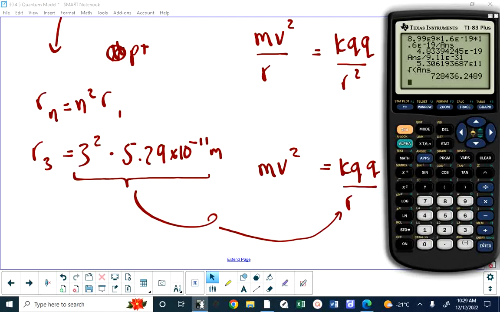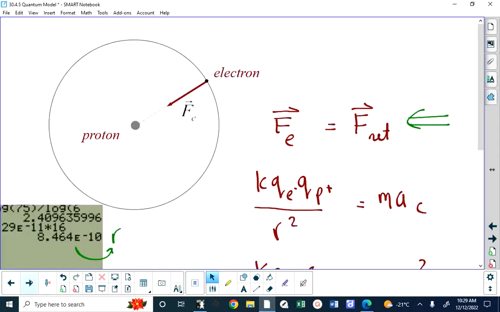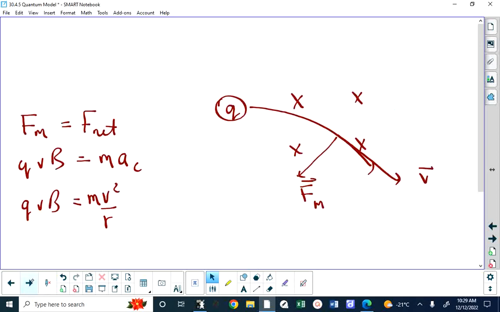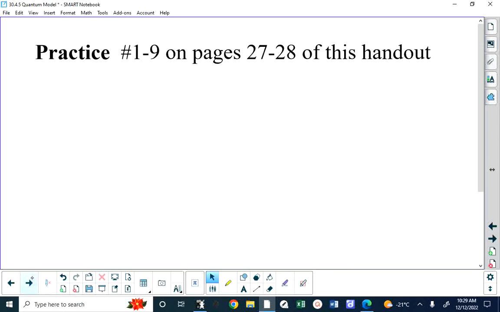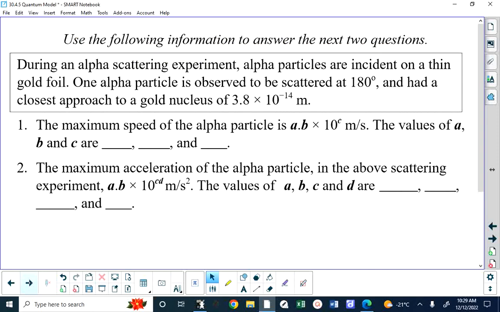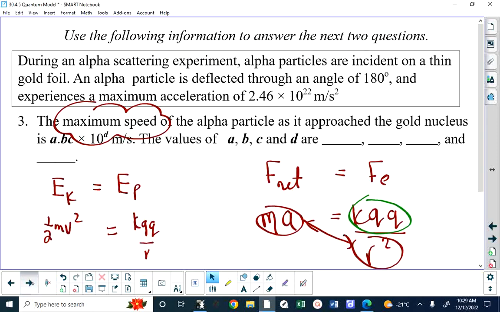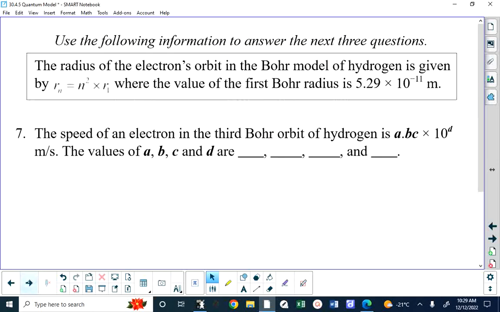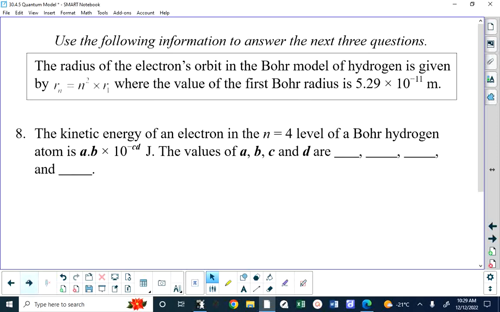I think you probably have a number 8 there as well, but that's one of the ones that I want to omit from my note package. I think that goes a little bit too far. So all of these problems are related to all of this stuff. Question 1 and 2, 3, 4, 5, 6, 7, 8.